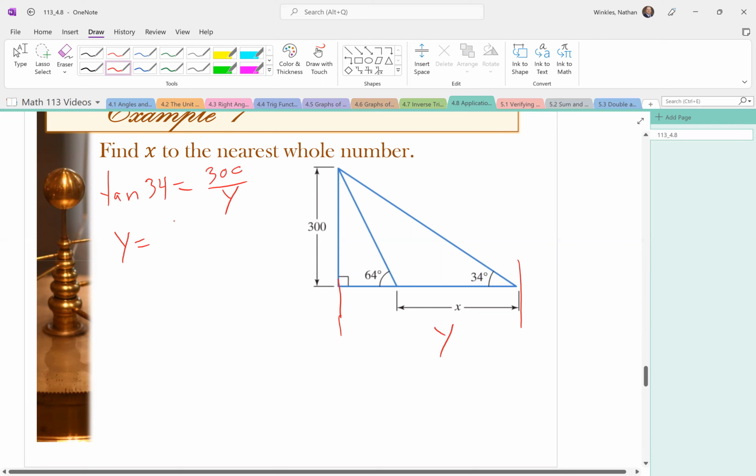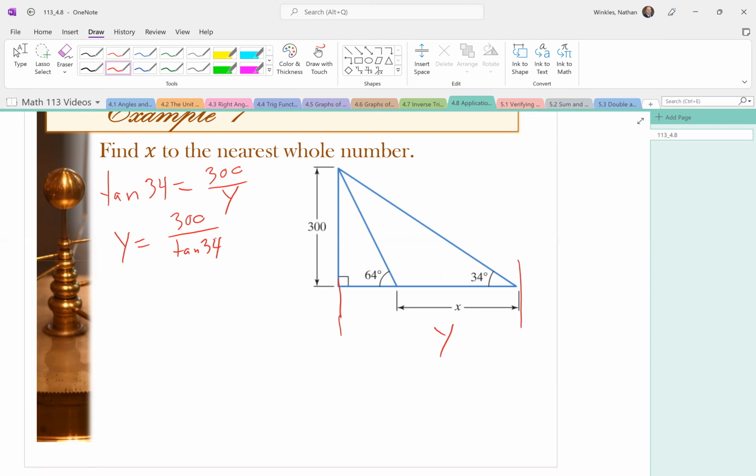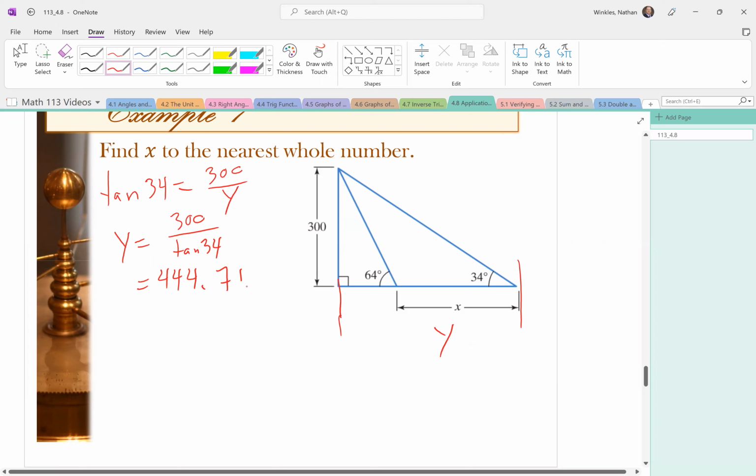So therefore y equals 300 divided by tan 34, which is 444.768. But that's this entire distance. I need to find this little distance.